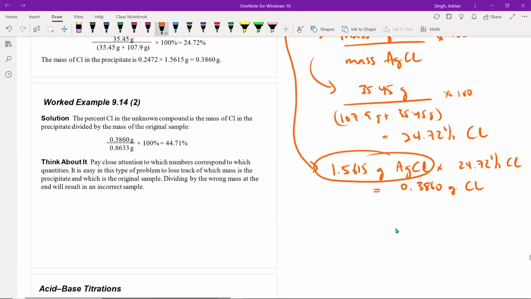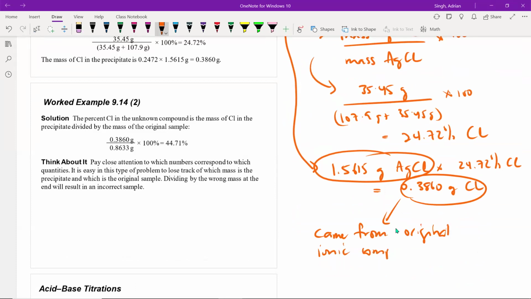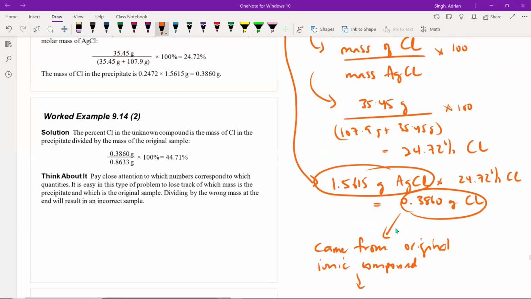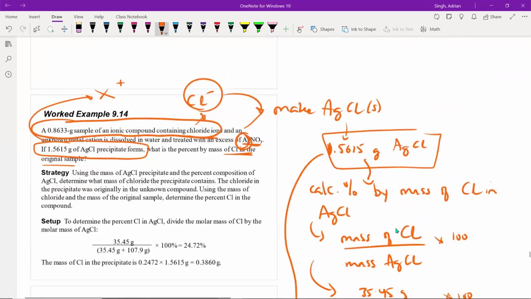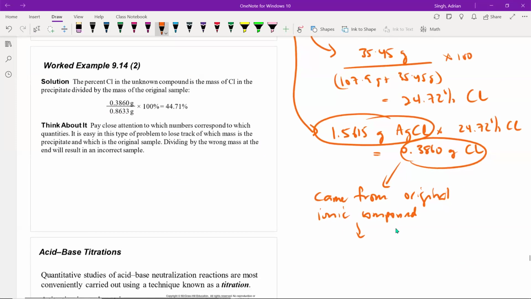But where did that Cl actually come from? Well, the Cl in the silver chloride would have come from our original ionic compound, right? And we know how much of this we had. We were told that it was 0.8633 grams of that ionic compound that had chloride in it.